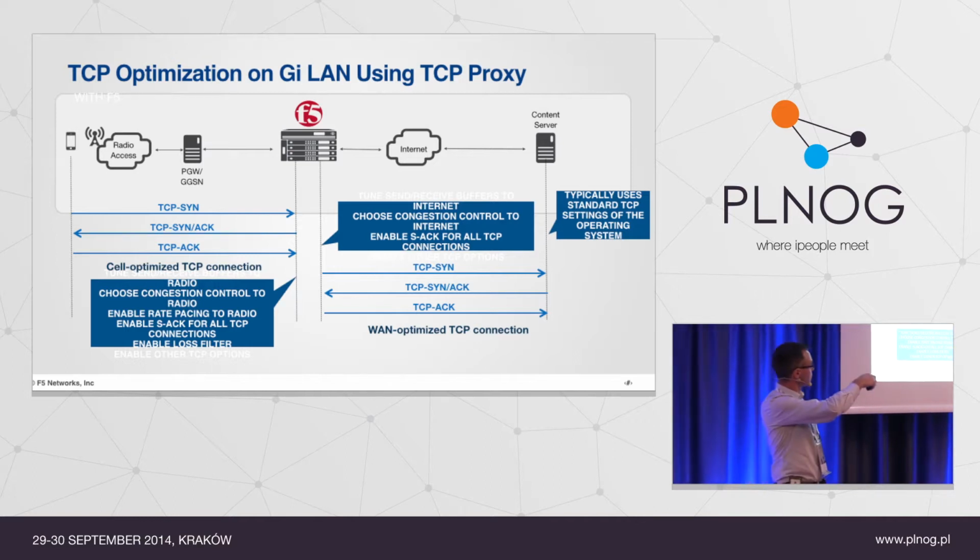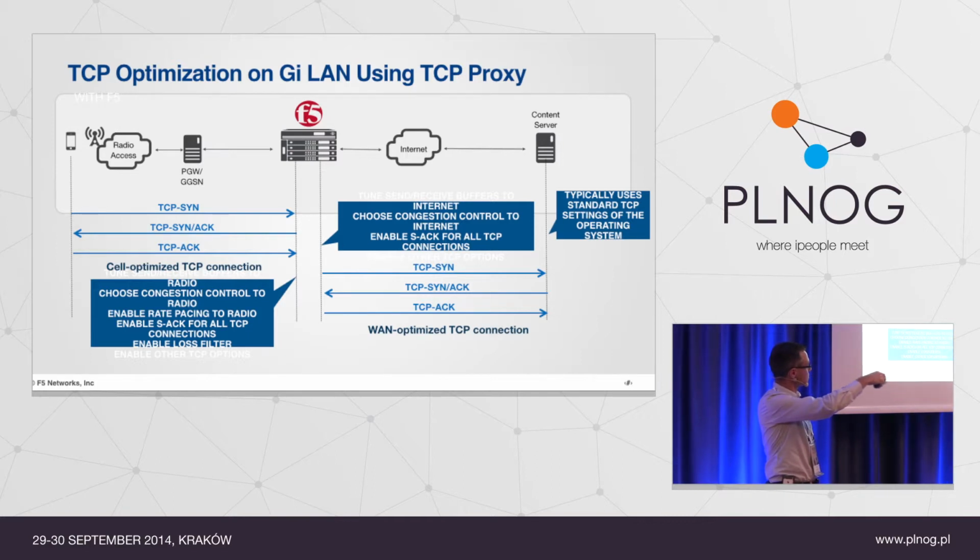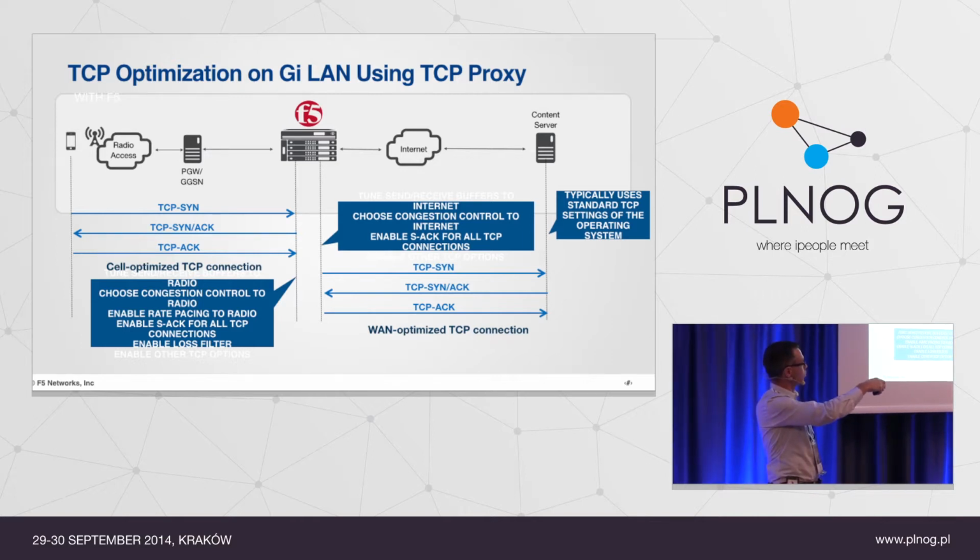So you have a different TCP negotiation on the left-hand side versus the TCP negotiation on the right-hand side. And that really allows us to fine-tune whatever congestion control we use here, whatever initial congestion windows we use, whatever loss filters we use on the radio side versus what we do on the internet side. So essentially we fine-tune everything for the characteristics of this network, which in this scenario is a mobile network.